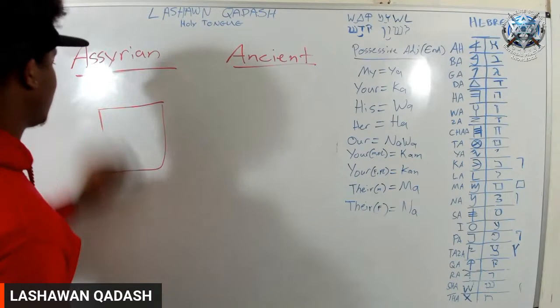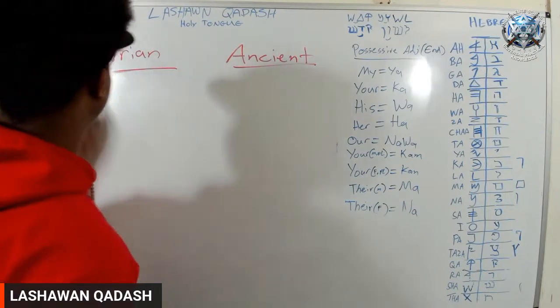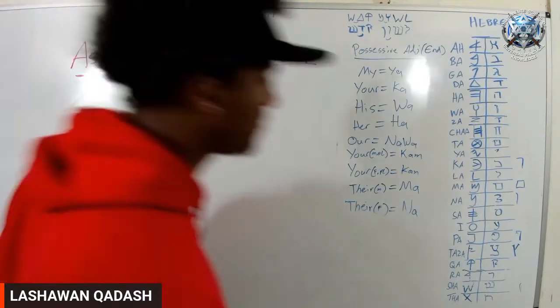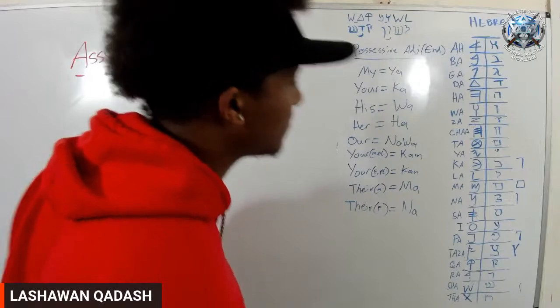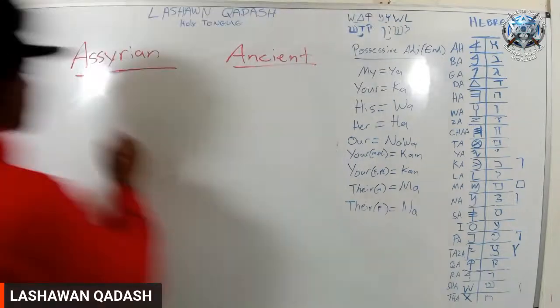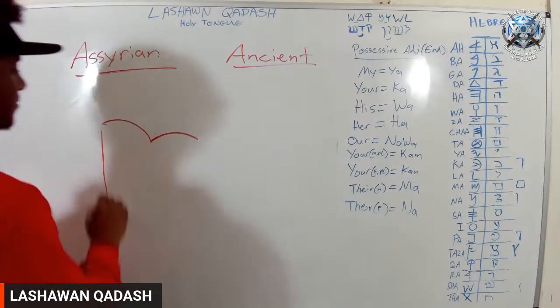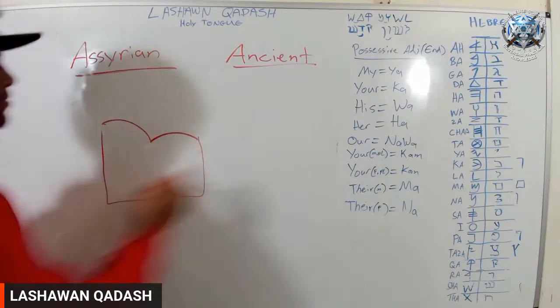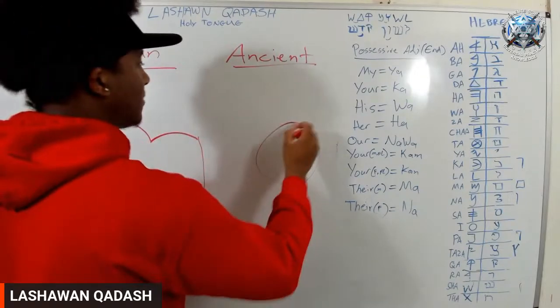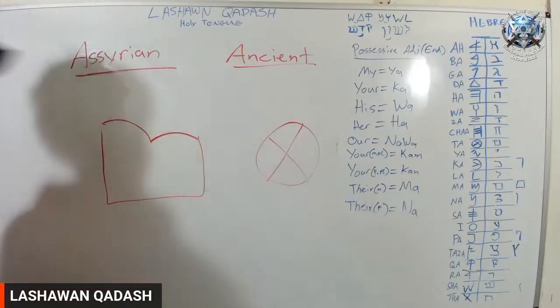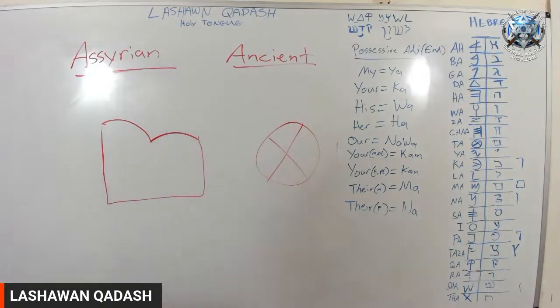That looks like ma. Remember when we were going over the characters, Assyrian Hebrew, the letter ta, what did we associate it with? Toast. It looks like a piece of toast. That's close enough. And the ancient Hebrew looks like a target, right? So that's correct. Go ahead and erase that.